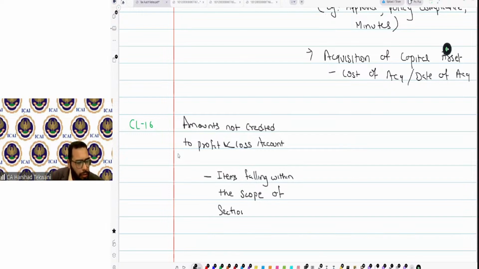Can anyone tell me what section 28 of the Income Tax Act is? What are the items that fall under section 28 of the Income Tax Act? Anyone?